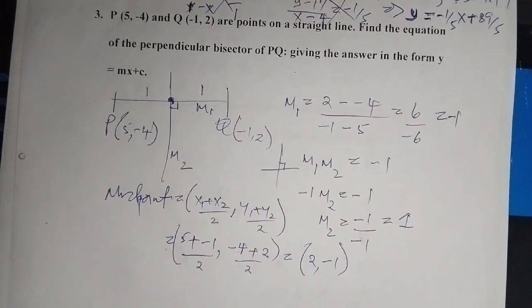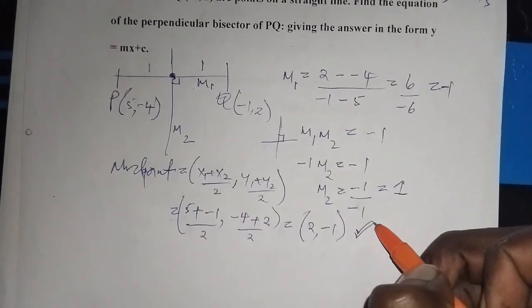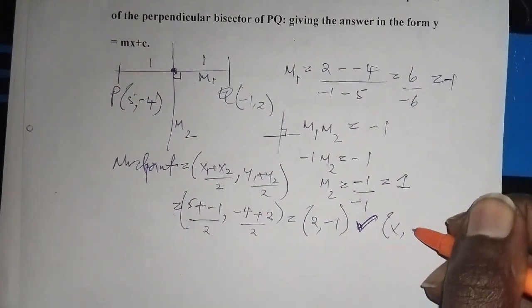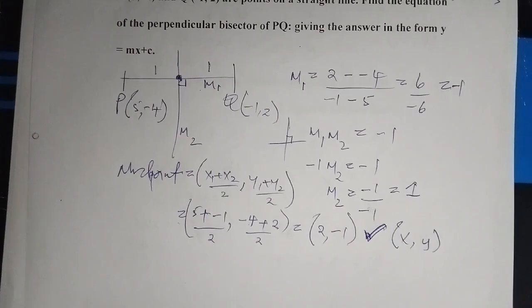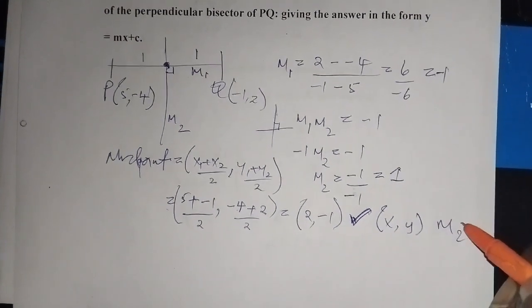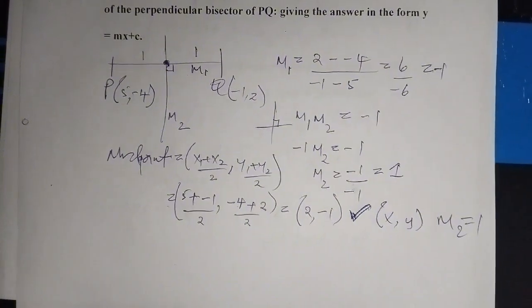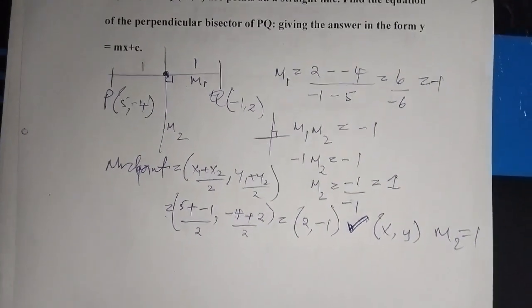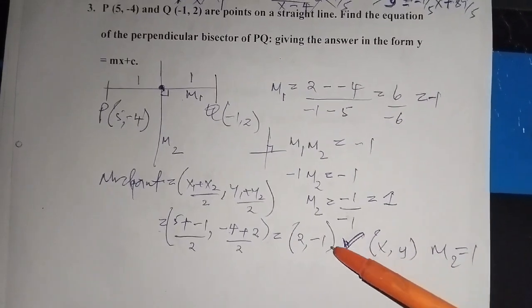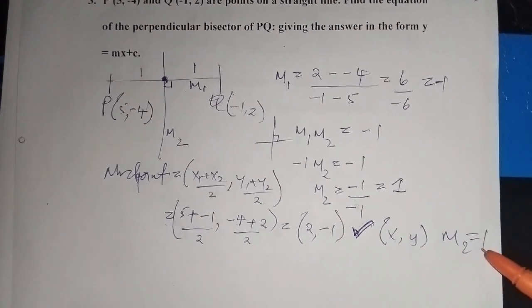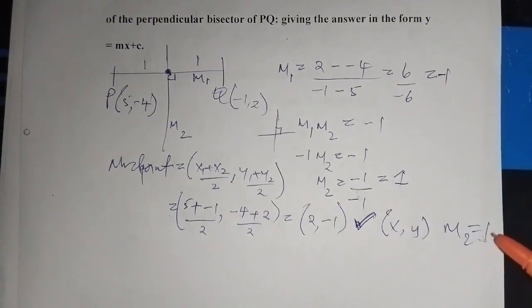So we have the point where the bisector cuts line PQ, and we can have another unknown point (x, y) on that line, and we know the gradient is 1. So we can derive the equation of the line in the form y equals mx plus c. If we take the gradient of these two points, it should give us 1.